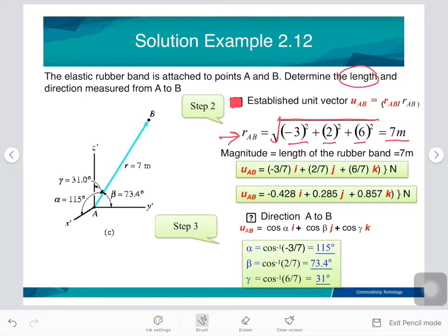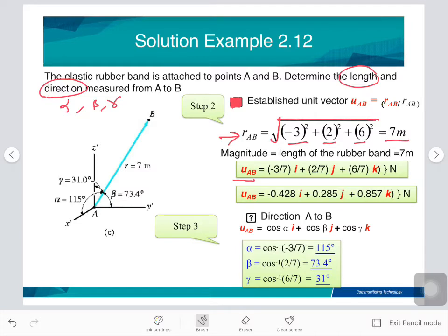Okay, so now we need to solve the direction. Direction means that we need to get alpha, beta, and gamma. So now step 2: we need to determine the unit vector AB.